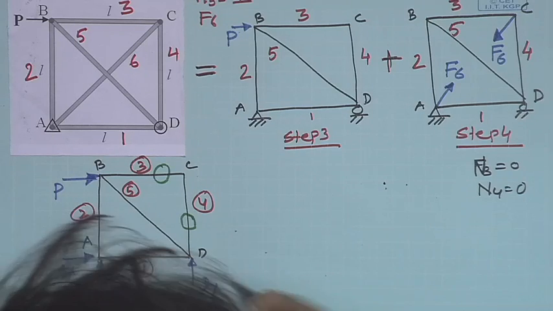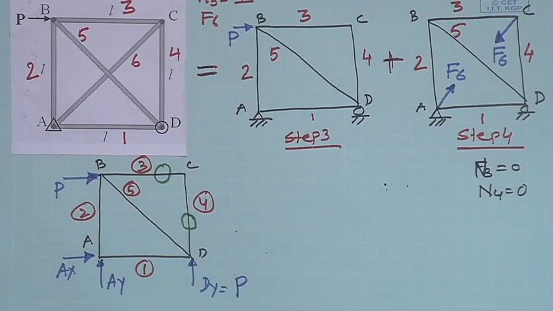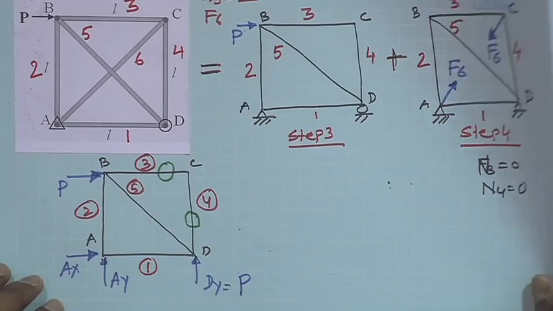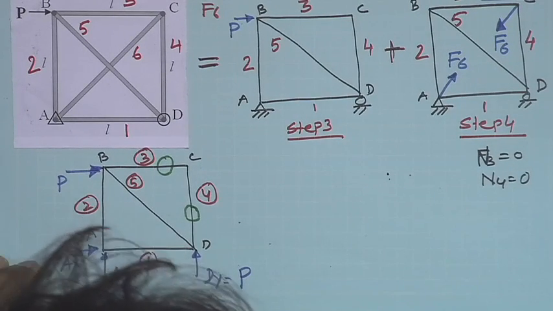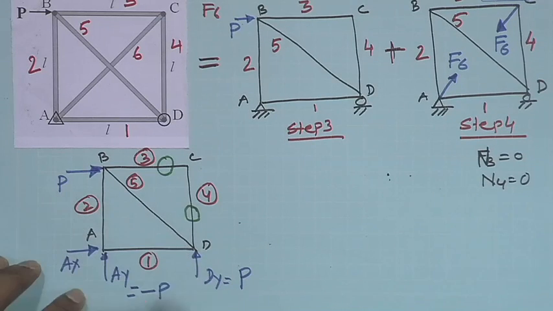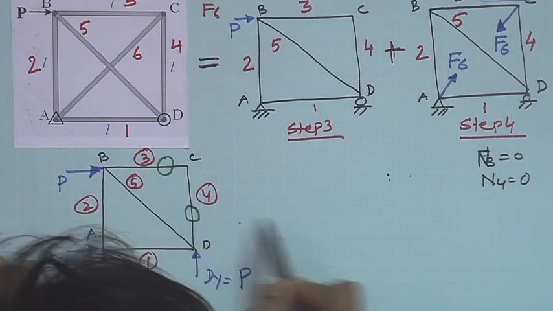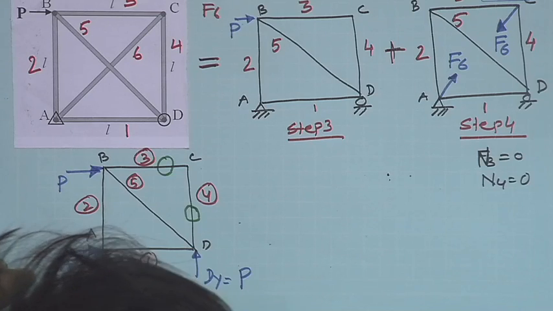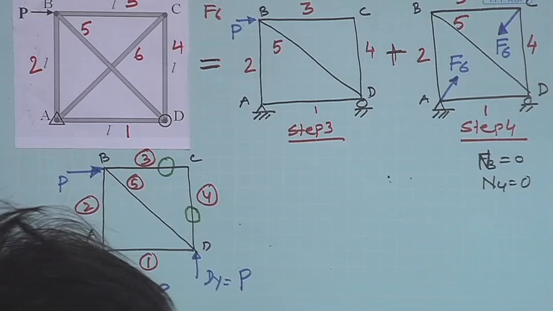If we do that, we can calculate the reaction Dy equal to P. Now, if we apply summation of Fy equal to 0, if Dy is equal to P, then Ay has to be minus P, so that equilibrium is satisfied. The only horizontal force besides P is the reaction at Ax. P is positive in this direction, so Ax has to be minus P.